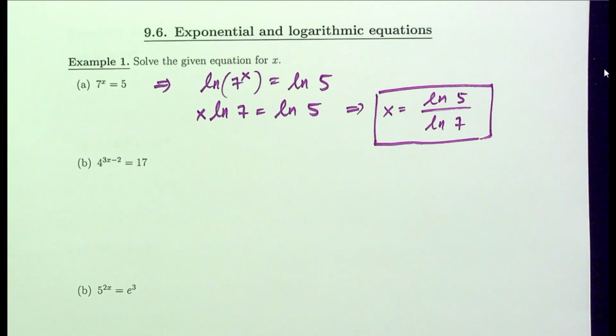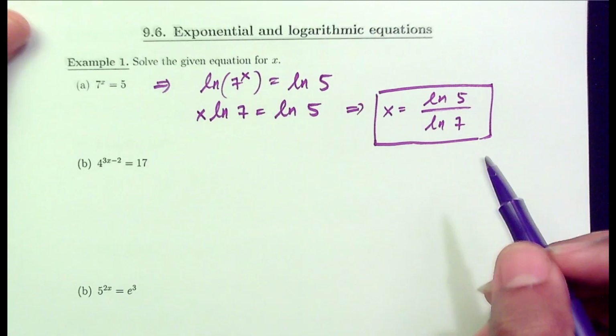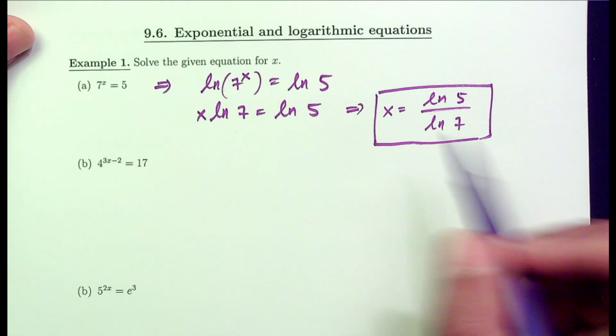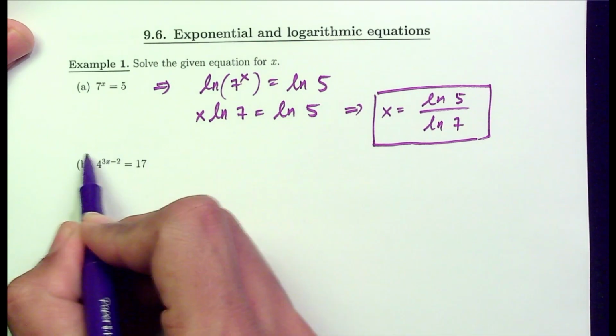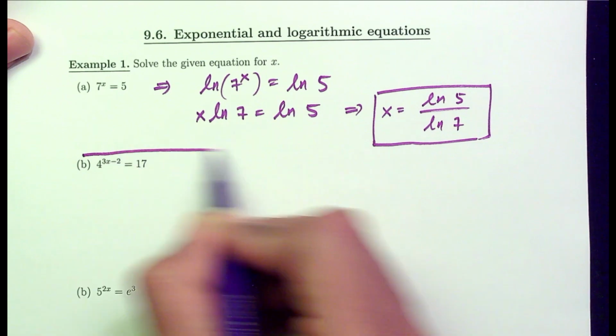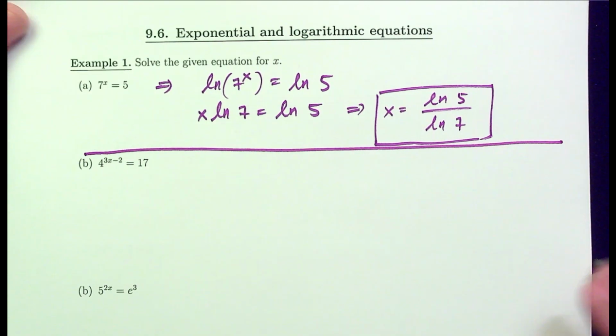Now, we could put that in the calculator to figure out exactly what x is, but we're not doing that. If the homework asks for it, then you do it, but we're going to leave it like that. So in this problem, x would be ln of 5 over ln of 7. And that's it.